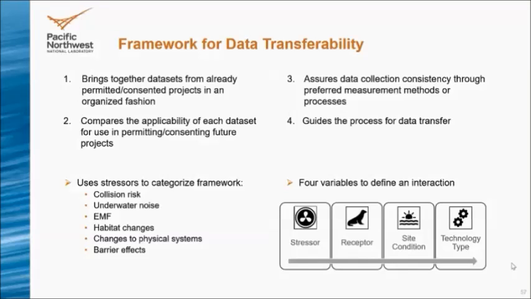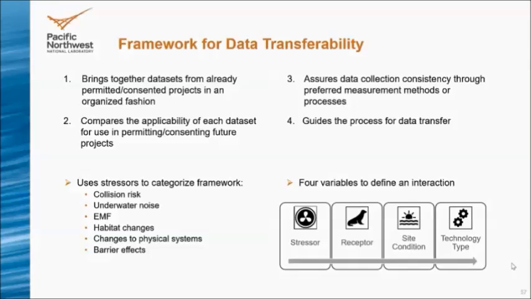Next, we have that concept of data collection consistency, where we can really look at two projects and determine how consistently the data was collected. And then finally, the process just really guides the process of data transfer.